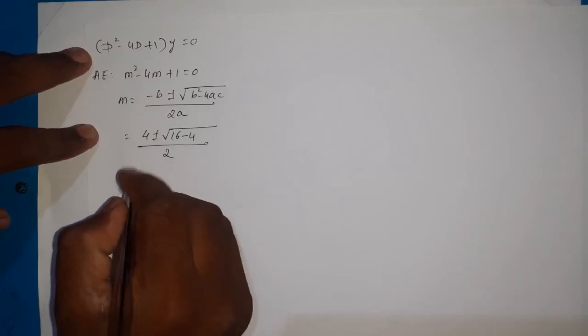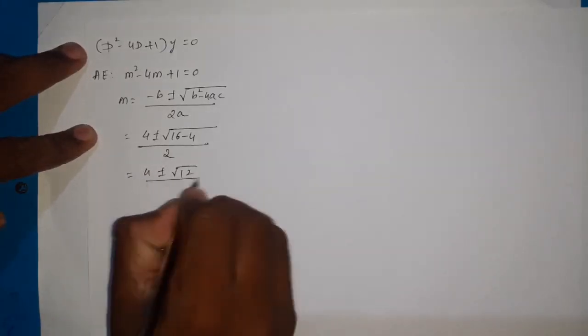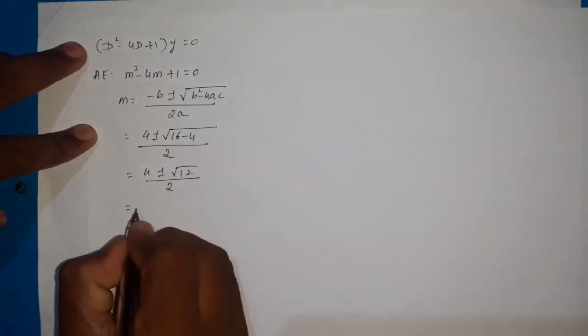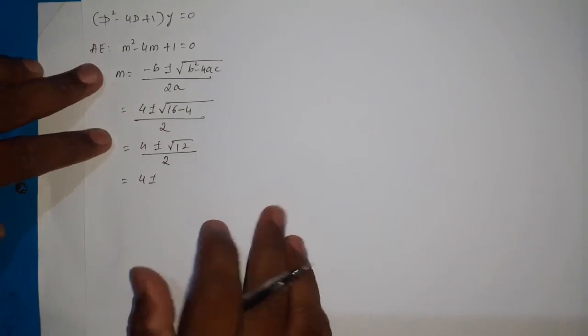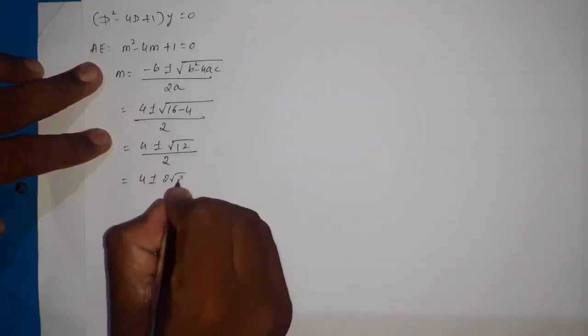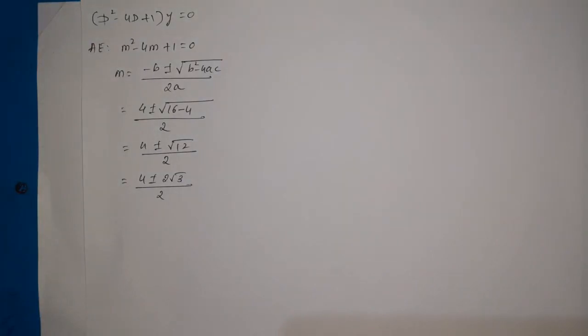Then it is equal to 4 plus or minus square root of 12 divided by 2. It is equal to 4 plus or minus 2 root 3 divided by 2, because 12 is equal to 4 into 3, then square root of 4 is 2. So that becomes 2 root 3.